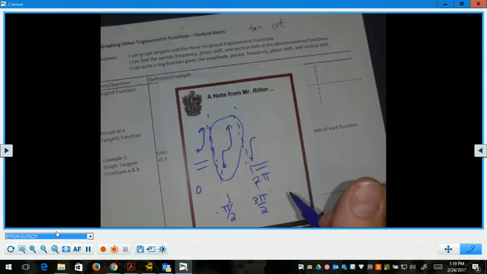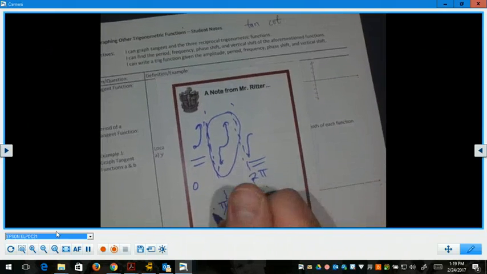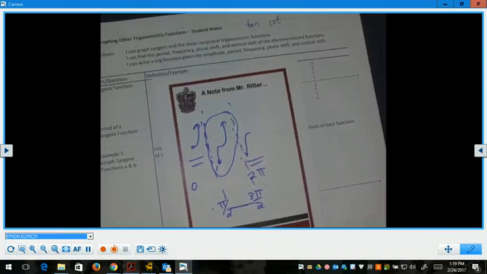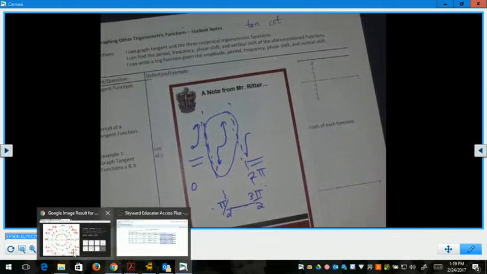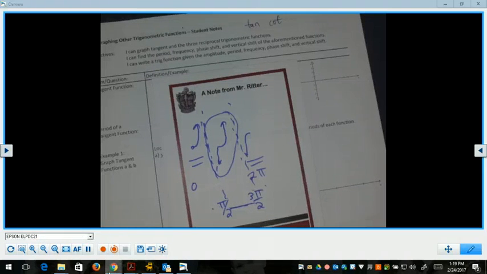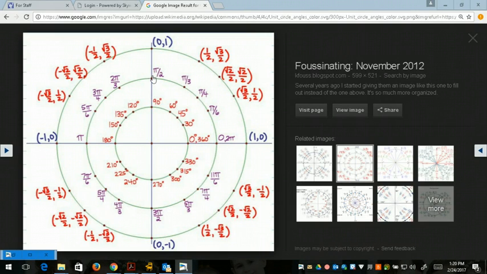By the way, how far apart is pi over 2 and 3 pi over 2? Pi radians. 180 degrees is pi radians. Pi over 2 to 3 pi over 2.